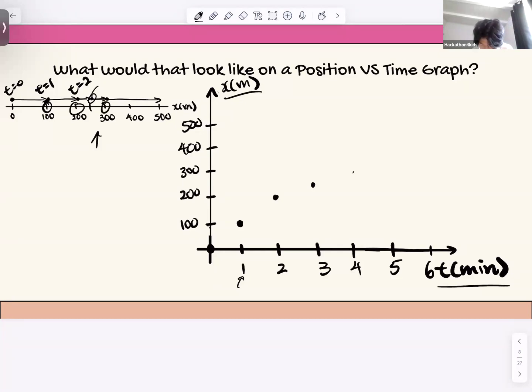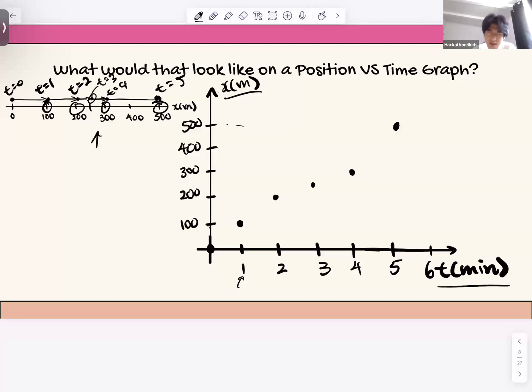So let's draw another dot here. And then at t equals 5, where would Andrew be? This is t equals 3, this is t equals 4, and this is t equals 5. He would be at the 500-meter mark, right? Let's draw a point here.